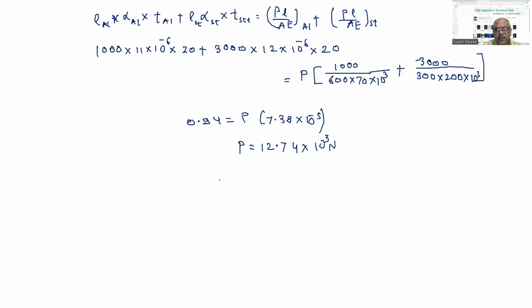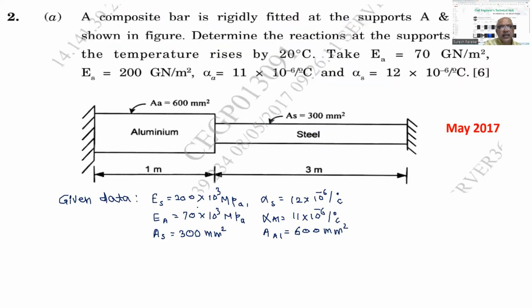We know the reaction should be the same because summation Fx equals 0. So 12.74 kilonewton. And if you see this, then we get the reaction here. Now the temperature increases, so we have the reactions as compressive. So we have this reaction 12.74 and this reaction 12.74.